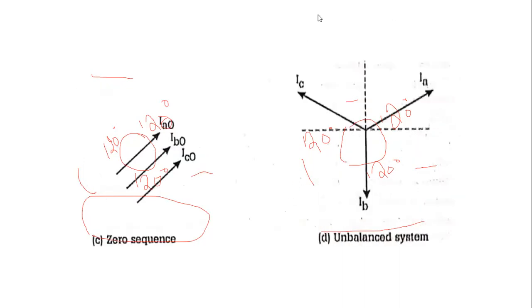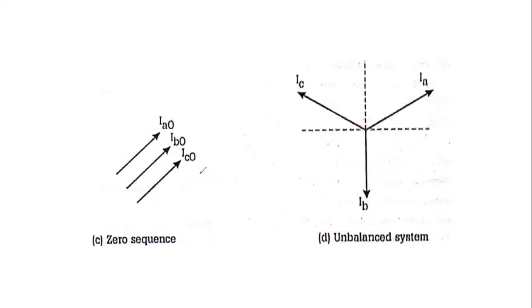Similarly, we are mentioning the zero sequence. In the zero sequence, there is no phase displacement for the three-phase currents. Therefore, the zero sequence is represented by the currents IA0, IB0, and IC0.